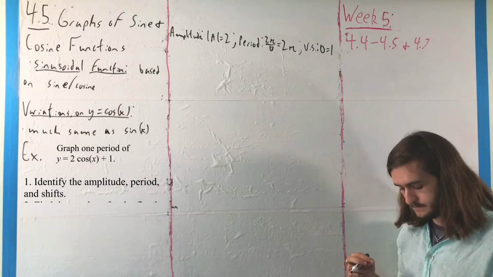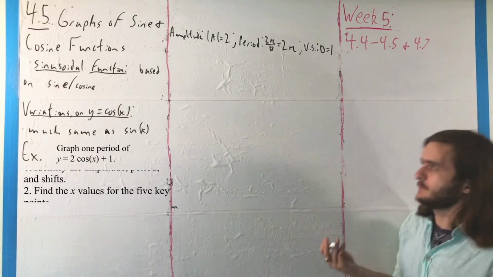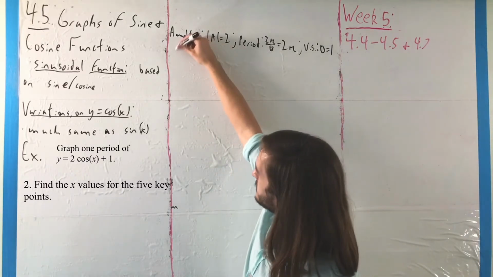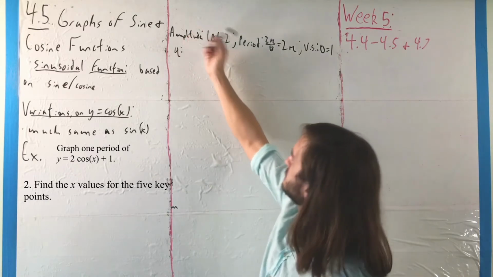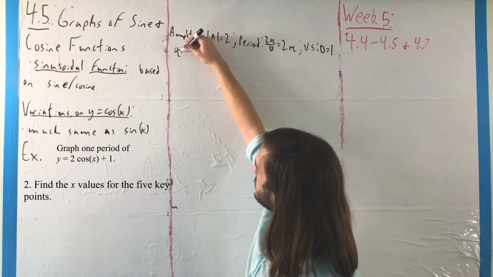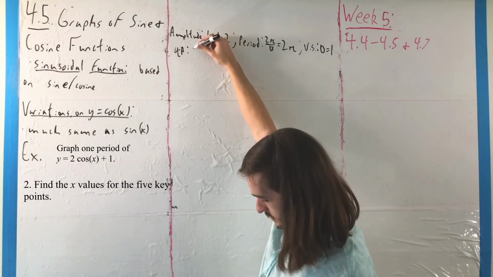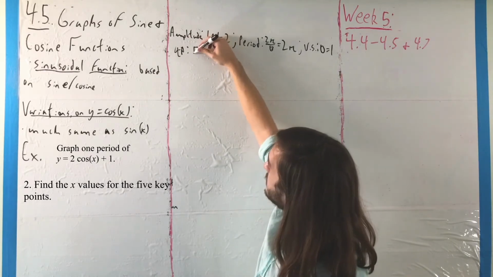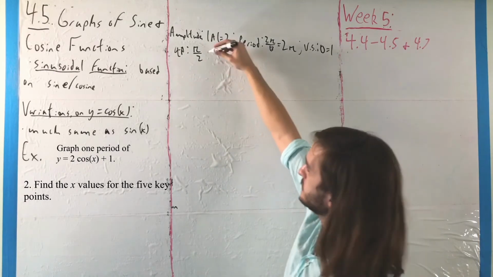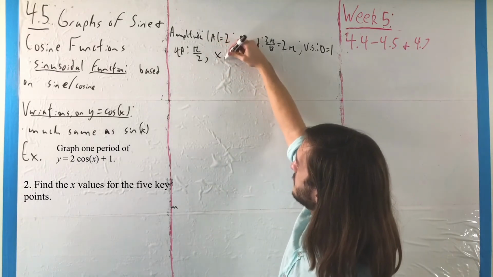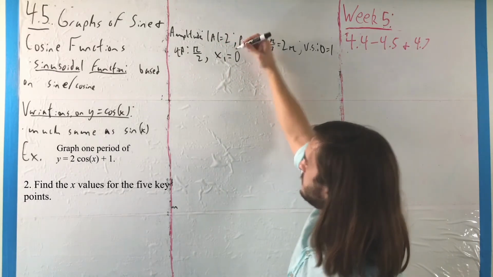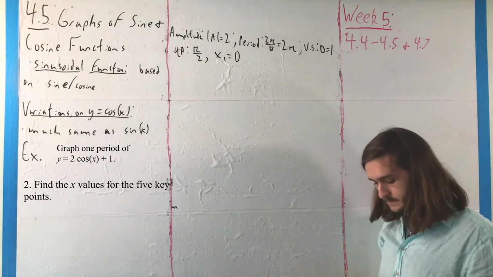Now from here, we actually have the same quarter periods as we did in that first example, because the period is exactly the same. Our quarter periods are still going to be in terms of that nice value pi over 2, and our starting point is going to be in terms of 0.